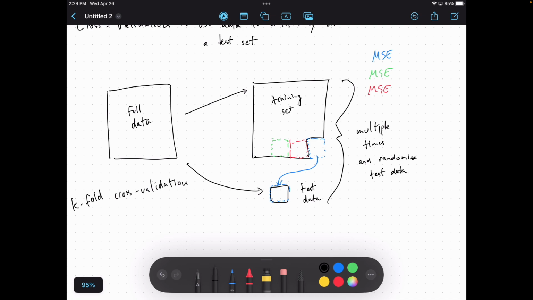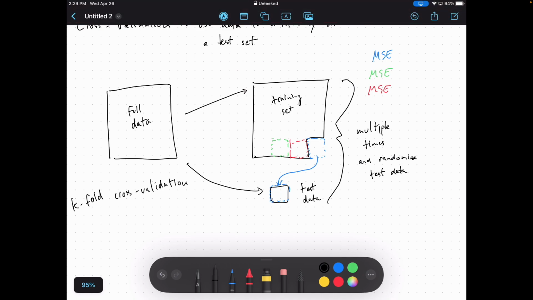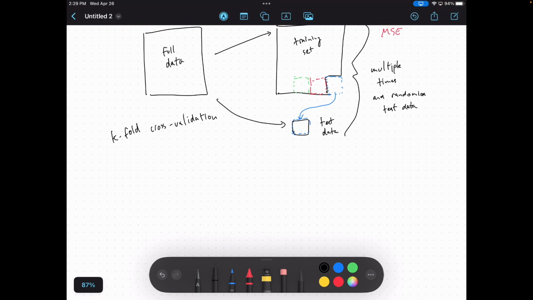In terms of the structure of your model, they should be the same as you go through different k-folds. But you're referring to the coefficients of your model, right? So those will differ a little bit. But the idea is more something like this.